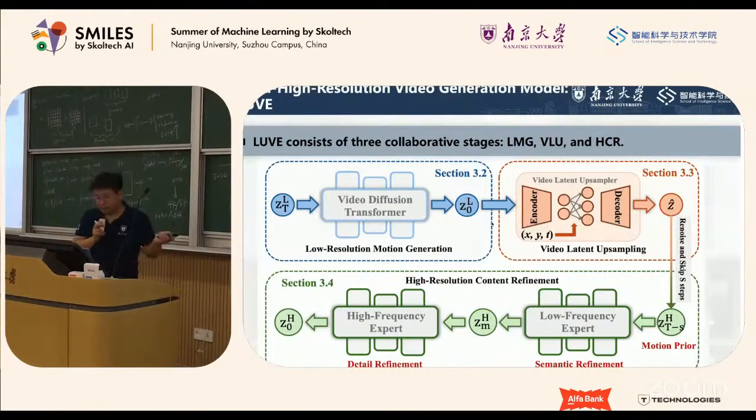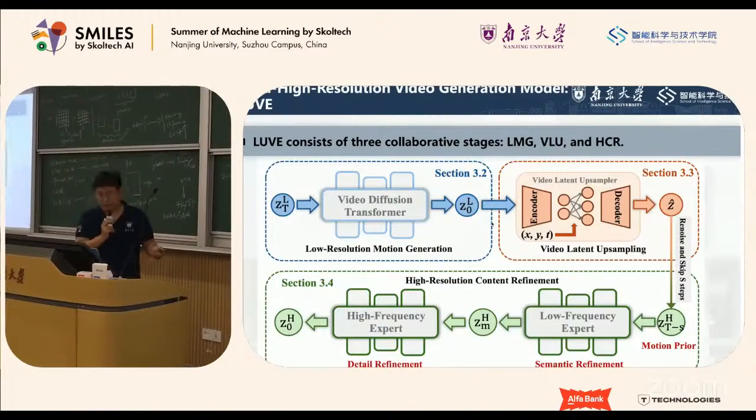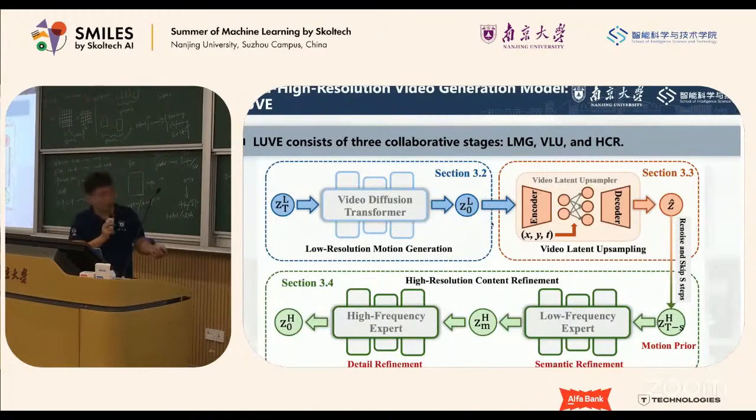And Louver consists of three collaborative stages: the low resolution motion generation, video latent upsampling, and high resolution content refinement. So this staged design separates motion and resolution enhancement and the detail recovery, reducing the burden of solving motion and 4K details simultaneously in just one model.